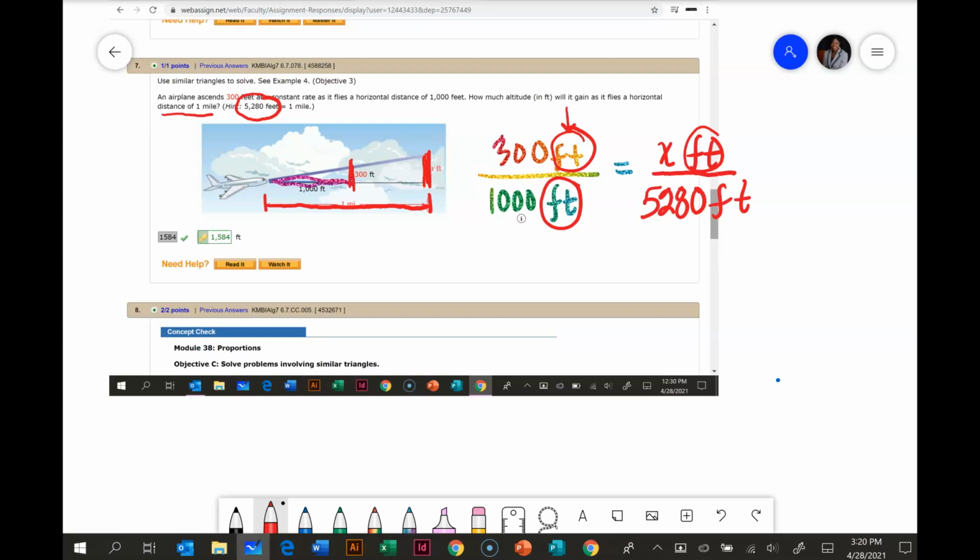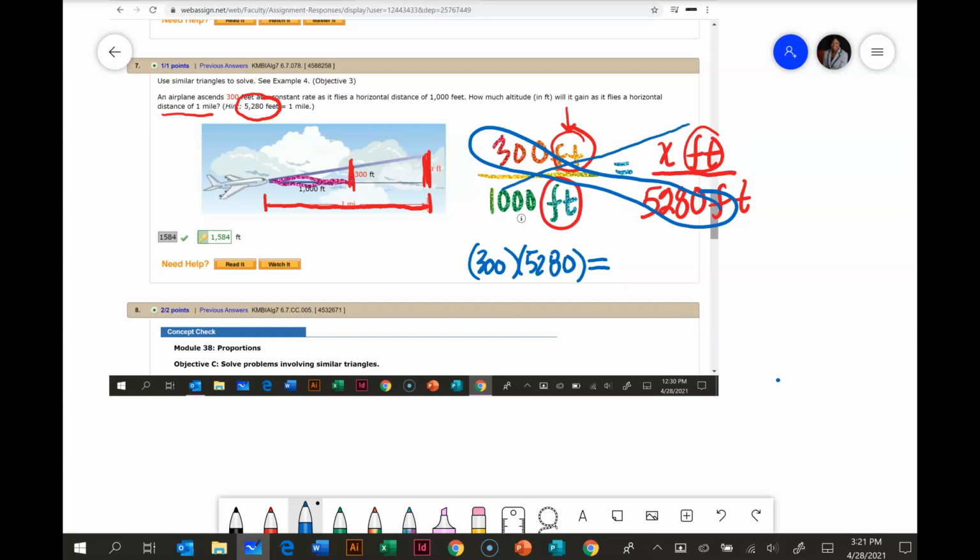So you could do what I call that butterfly and just multiply the 300 times the 5,280 equals, and now we're going to multiply this 1,000 times this x, which is just 1,000x. Now on the left side, what is 300 times 5,280?